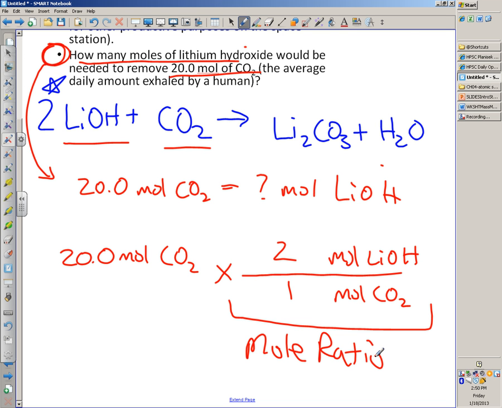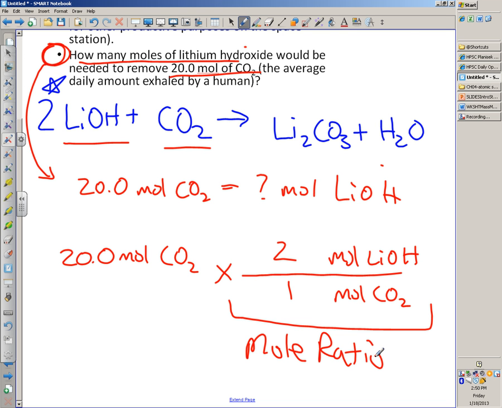It's a really important step in every stoichiometry problem. It's the way that we can compare one part of the equation to another part of the equation. In this case, we are comparing one reactant to another reactant. But, depending on what the question asks you for, you could compare reactants to products, or products to reactants, or whatever, as long as you know the coefficients.